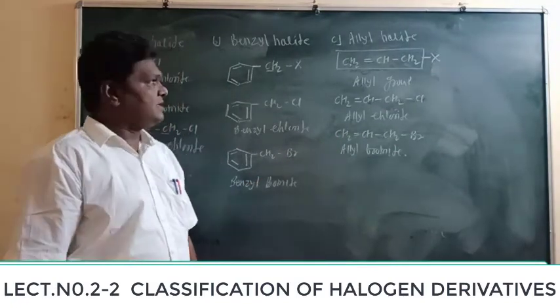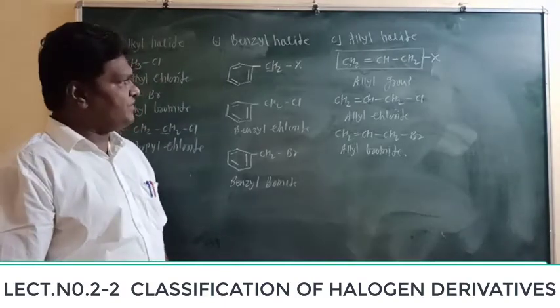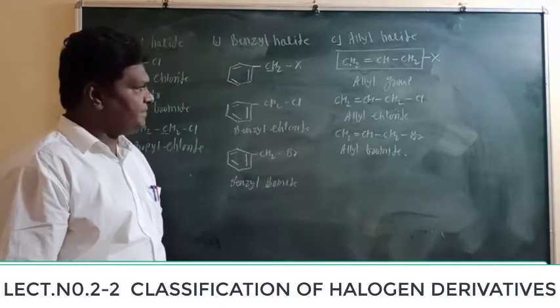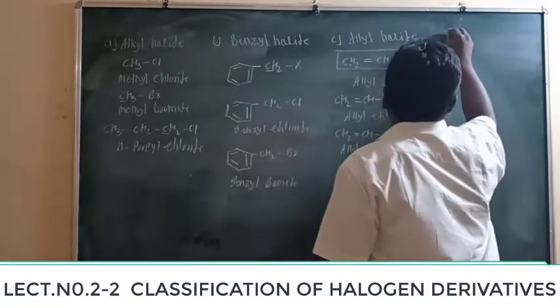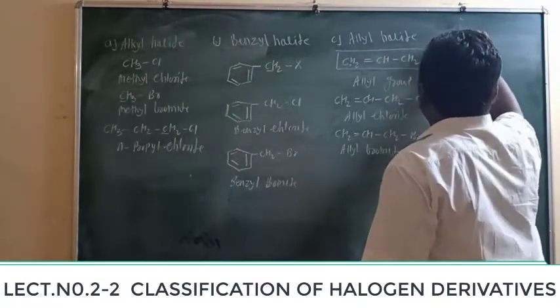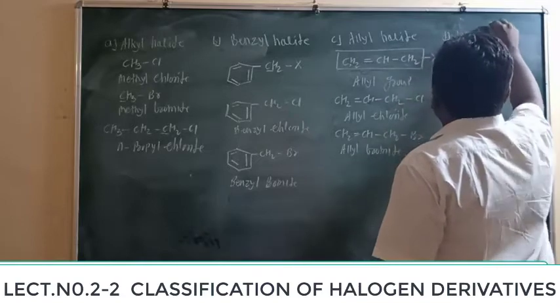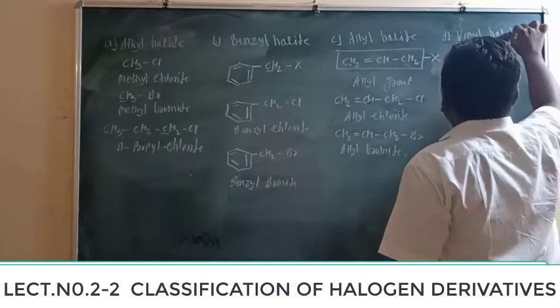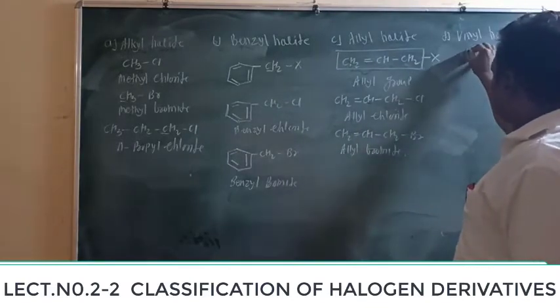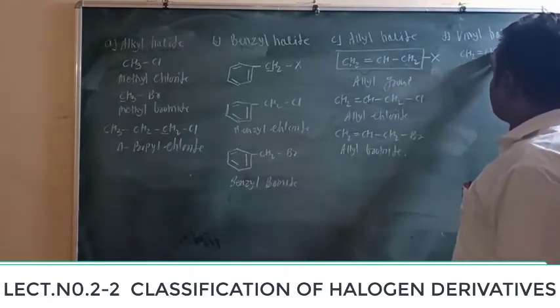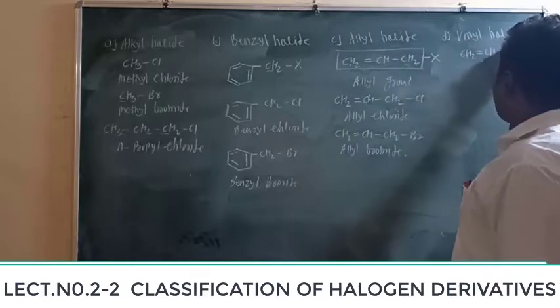sp3 hybridized. This is one more compound in which the halogen atom is attached to the carbon atom which is sp2 hybridized. It is called vinyl halide. Now, which group is called as vinyl? CH2=CH-. This group is called as vinyl group.